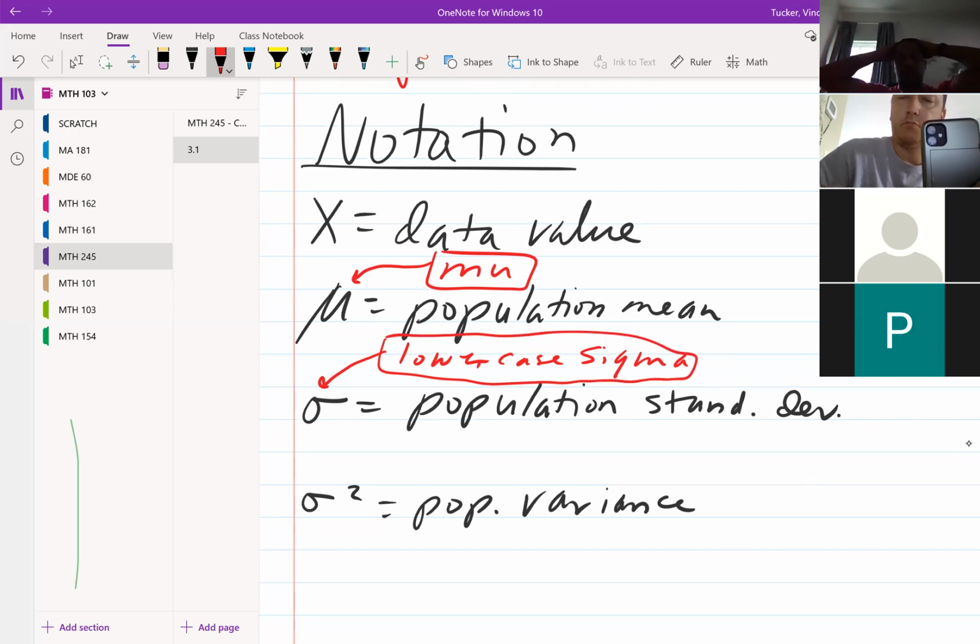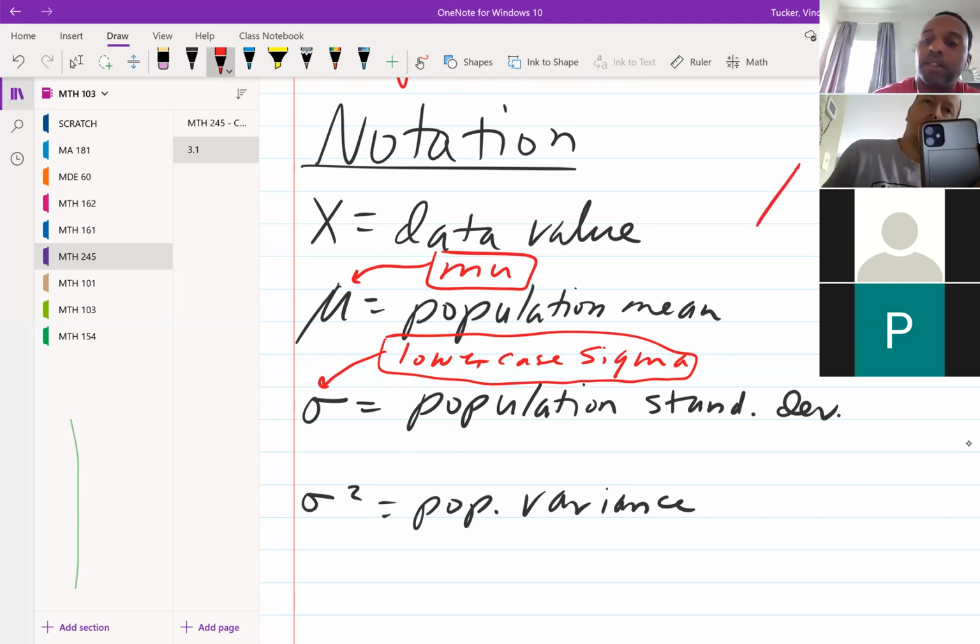All right, so first set of notation: X is always your data value, whether you're dealing with the population or the sample. But mu, that's the Greek letter mu. It almost looks like a U and almost like an M, but it's just the Greek letter mu. That's the population mean, your population average. Then we have a lowercase sigma. Remember, I just showed you capital sigma, which represents the summation.